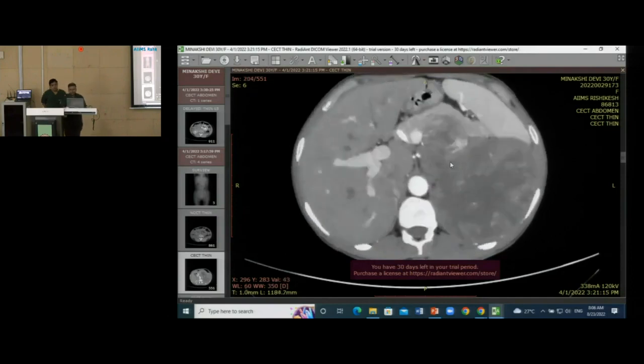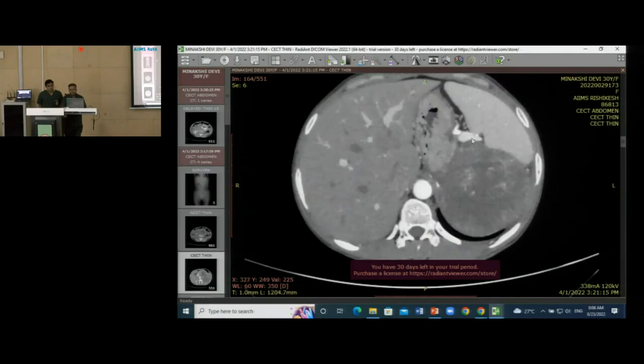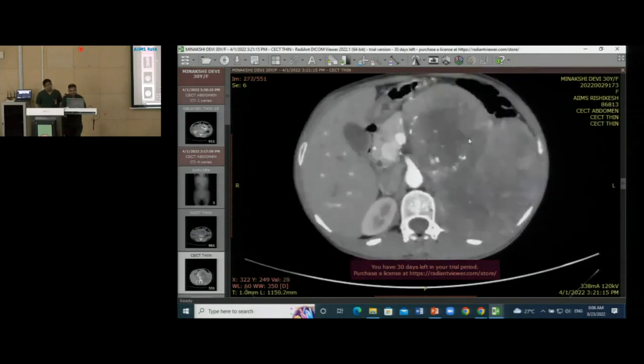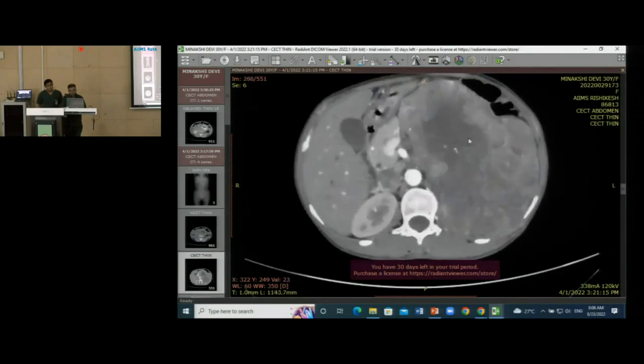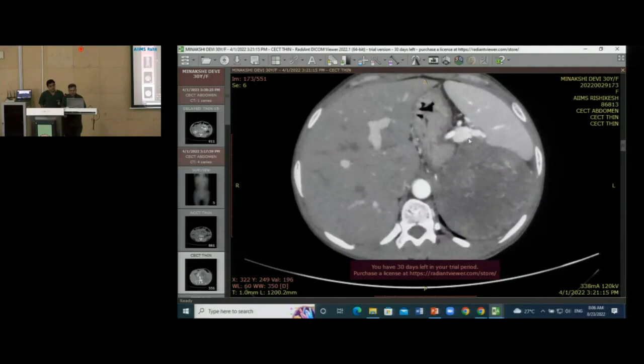Now, talking about the vascular relation, the lesion is abutting the splenic vein near its hilum. However, post-contrast opacification is maintained, and the rest of the vascular structures show normal contrast opacification and are seen free from the lesion.